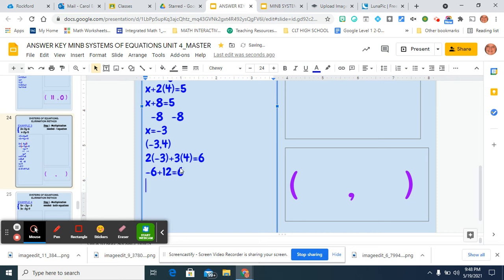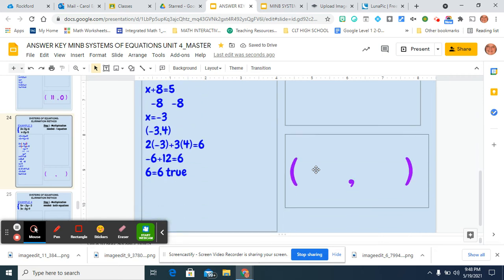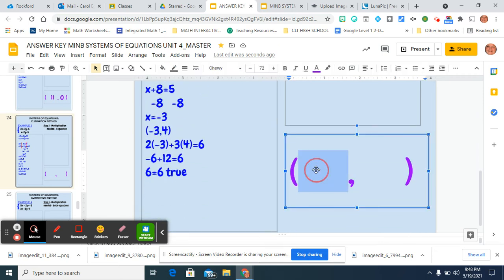Well, negative 6 plus 12 is positive 6. So I do create a true statement, and I know I'm correct. So my final answer here is negative 3 and 4.